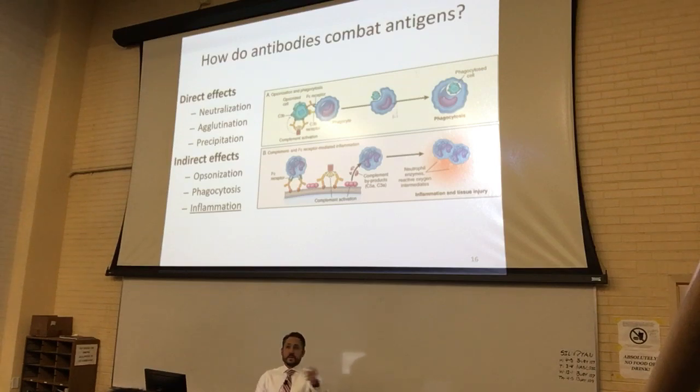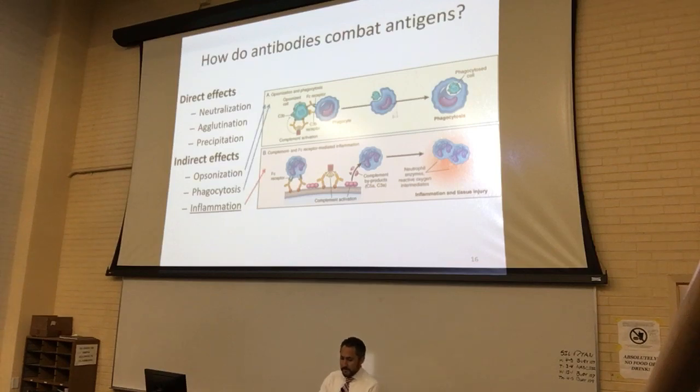Somebody say hot? Yeah, it's warm to touch. So are those local activities, or are they systemic? They're very much local. Do you get hot all over? Do you run a fever? No. You're only warm where that infection is, right? Okay. So indirectly, utilizing another cell type, or directly, the antibody is having activity all by itself.